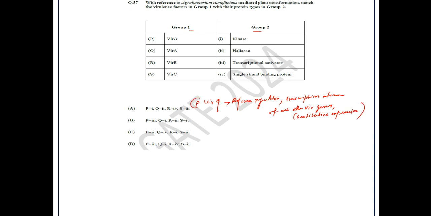Now, if we see VirG, definitely it matches with 3 of group 2. So P matches with 3 of group 2. Then if we see VirA, VirA actually encodes a transmembrane, membrane-bound sensor protein histidine kinase, and acts as a receptor for acetosyringone.